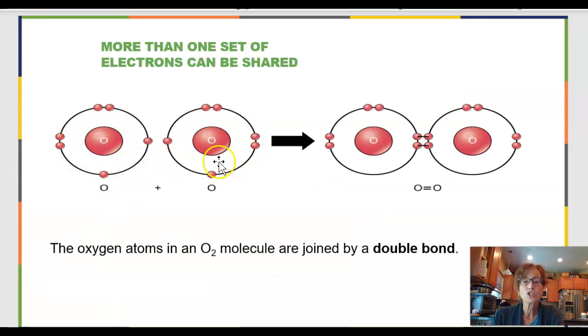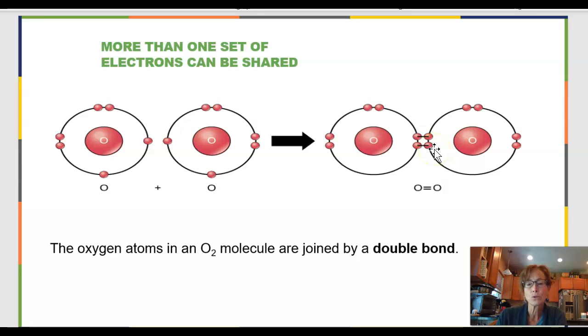Sometimes an atom will share an unshared pair of electrons with itself. In this case, we have an oxygen and an oxygen. You can see that those unshared electrons are able to pair up, forming a double bond. So this is a covalent bond, a double bond, 2 places where you see the sharing going on.